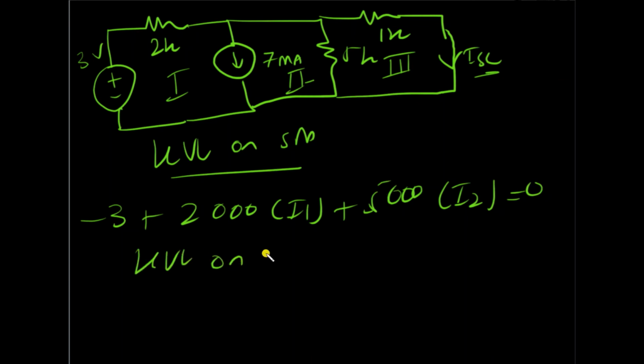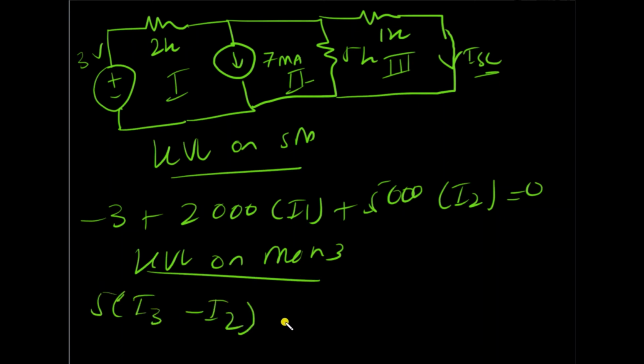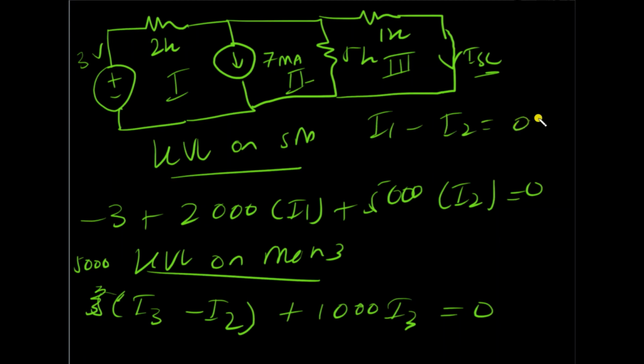There would be a KVL on mesh 3. So that would be 5I3 minus I2 plus 1, I'm sorry, this would be 5000, 1000 I3 is equal to 0. And then there would be a third equation due to the super mesh: I1 minus I2 is equal to 0.007.